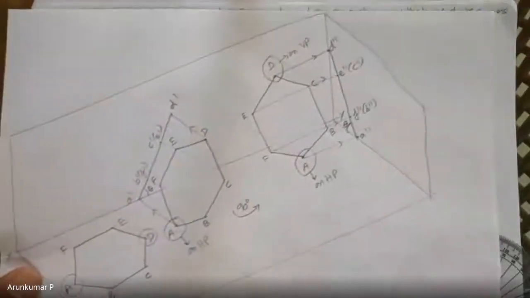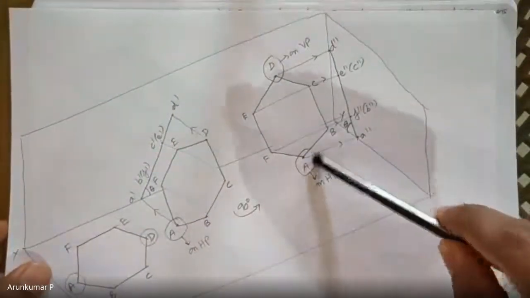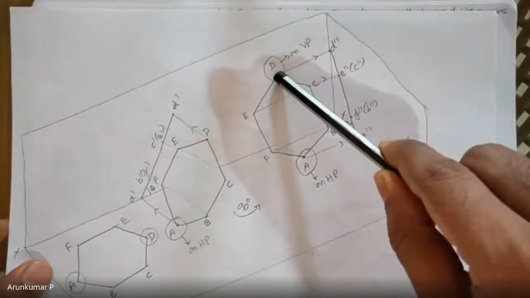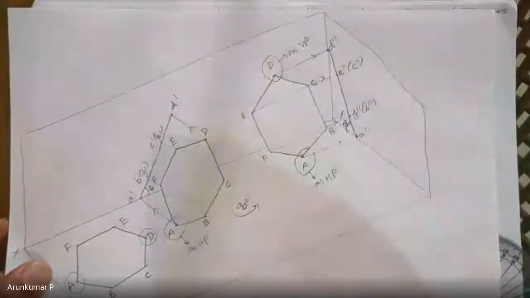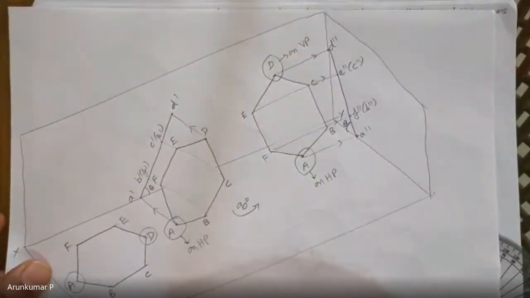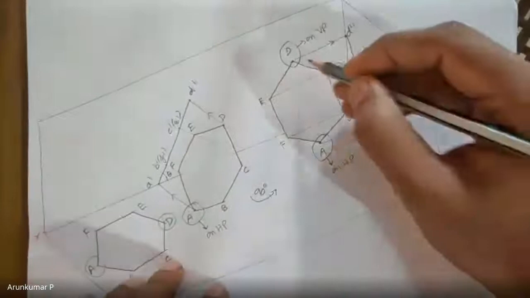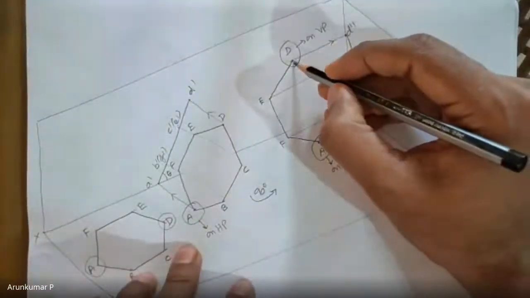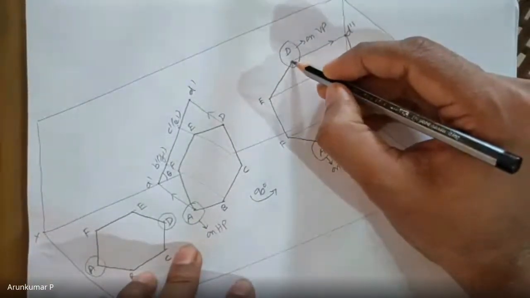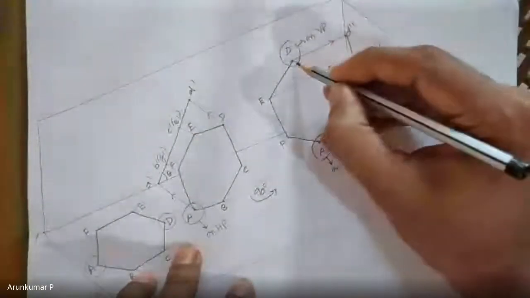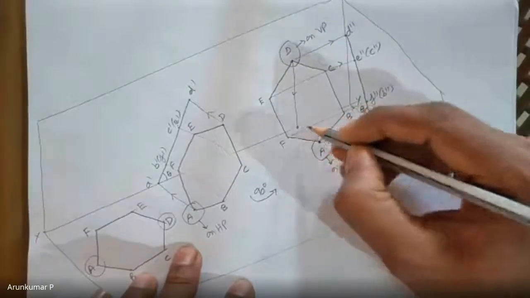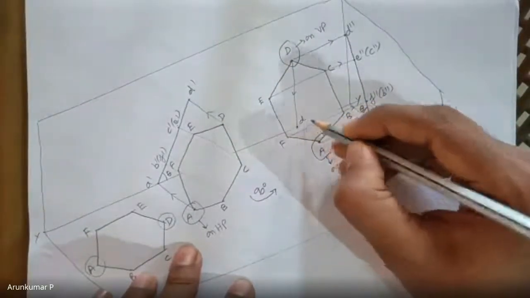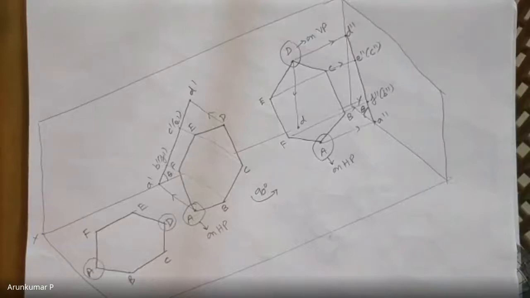Third step, we need to have one corner A on HP and the opposite corner D on VP. So A and D. You already know that when a point is on VP, its top view will be on XY line.